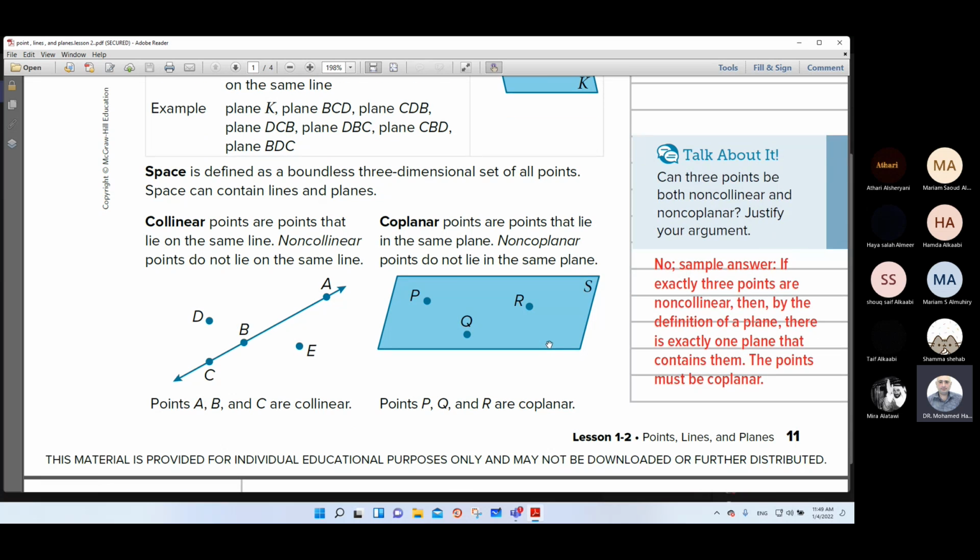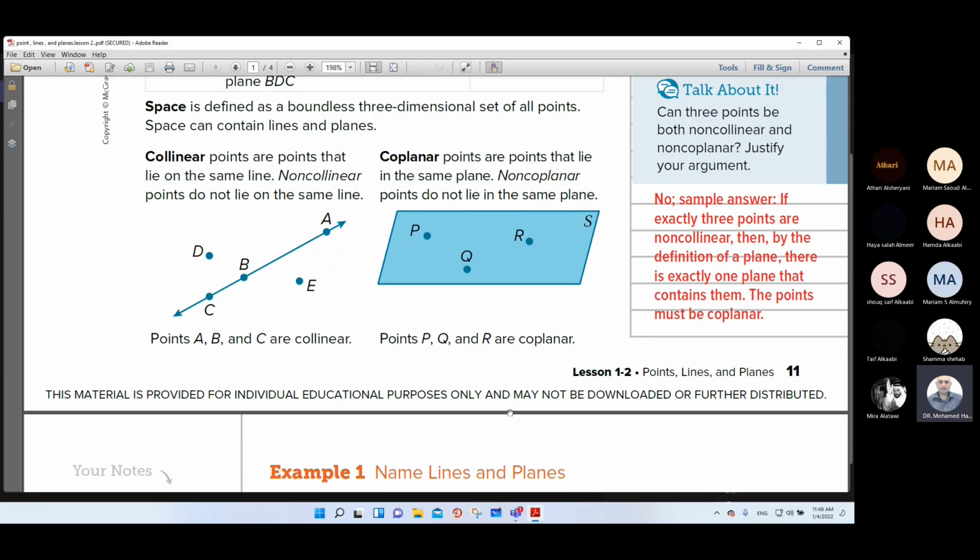As you see here, A and B and C are on the same line, so they are collinear. And B and Q and R are in the same plane, so the name of B and Q and R will be coplanar. So this is the meaning of collinear and coplanar.